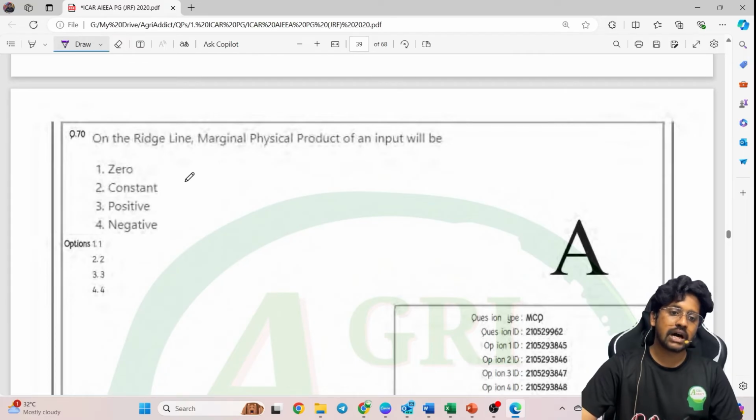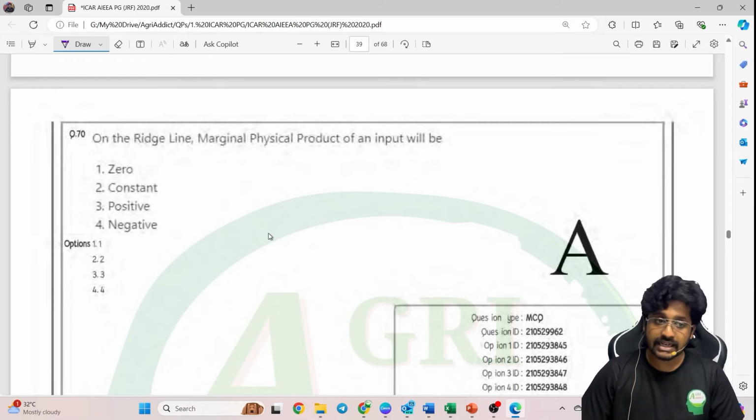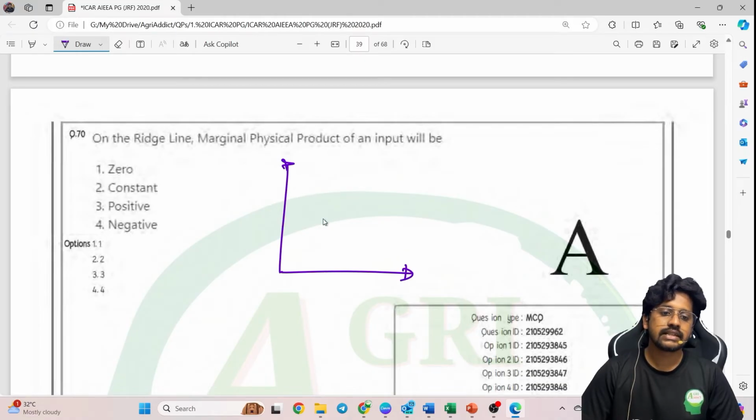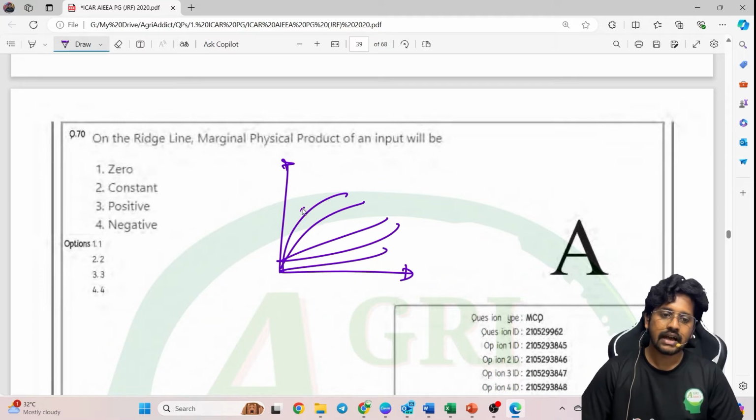On the ridgeline, marginal physical product of an input will be. What are ridgelines actually? There will be many isoclines in the production functions, and let this be the isoquants.